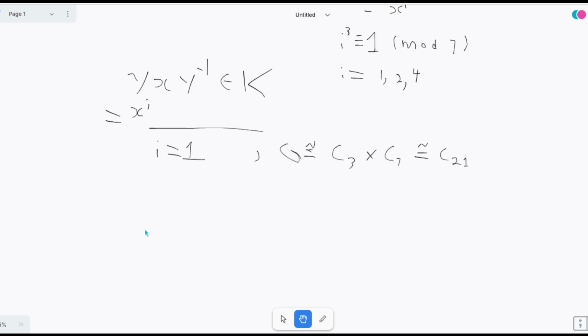So, case 2, i equals 2. So in this case, y x y to the minus 1 equals x squared.